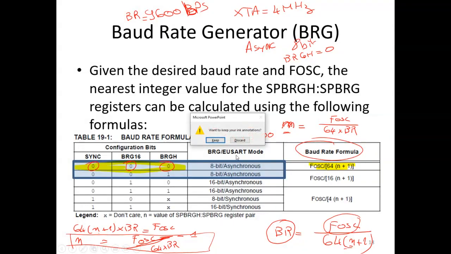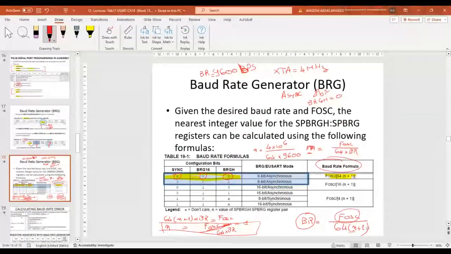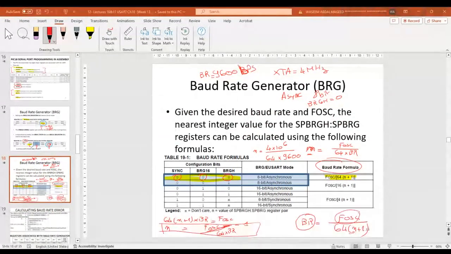Let's calculate this by using the calculator. We have 4 followed by 6 zeros, divided by 64, divided by 9600. Here we have a value of 6.51.